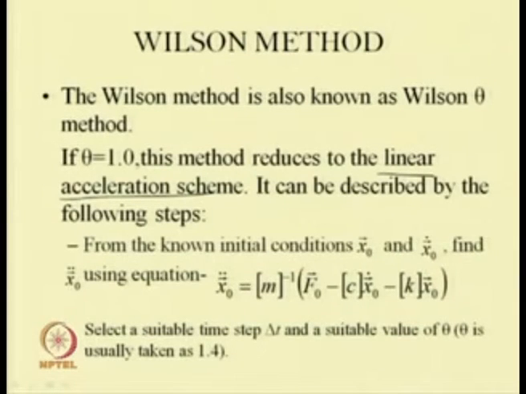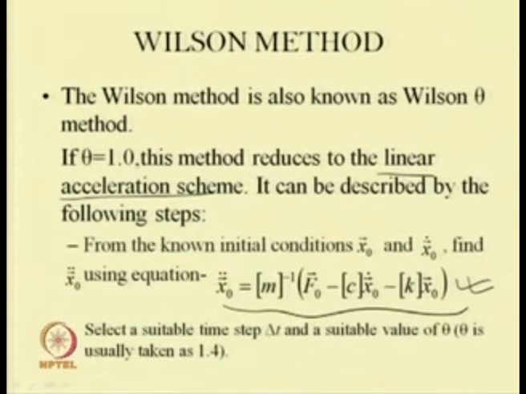So, as we are assuming the acceleration to be linear within 2 points, we can use the equation of the acceleration directly. The acceleration equation is x 0 double dot equal to m inverse into f 0 minus c x dot minus k x 0. For multi degree of freedom systems we can write this.